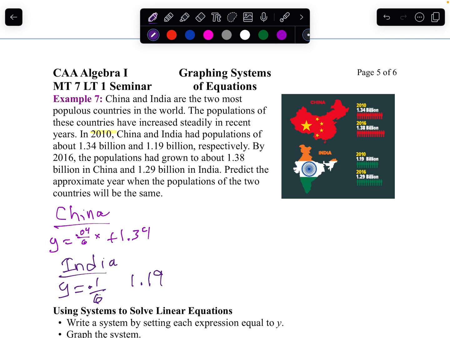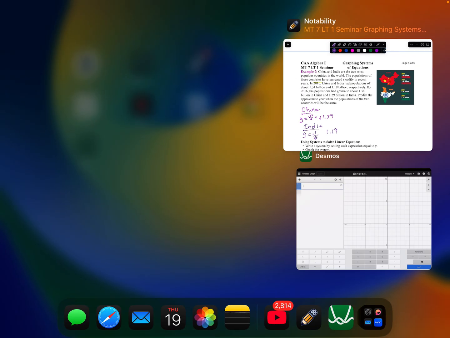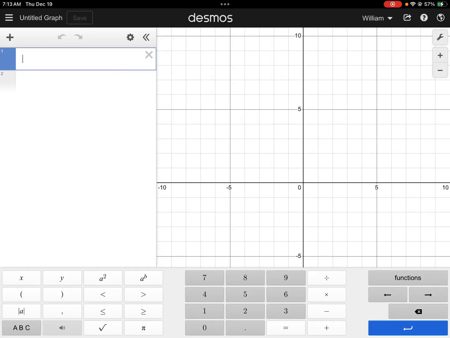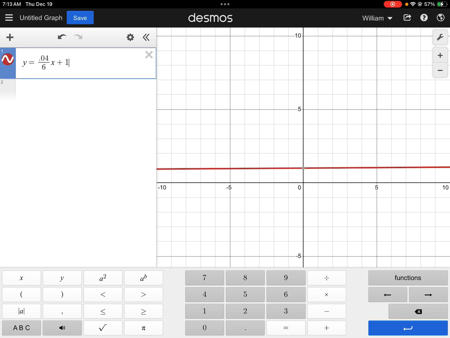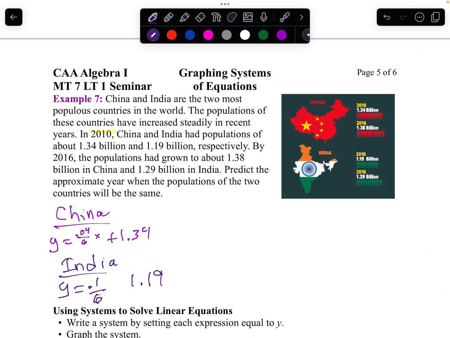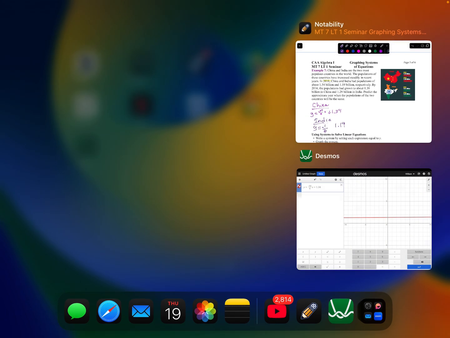So let's go ahead and do that. So we'll say y equals 0.04 divided by 6, get out of the denominator, x plus, I think it was 1.34, but I'm going to go back and check because I have a short memory. Yes, 1.34.